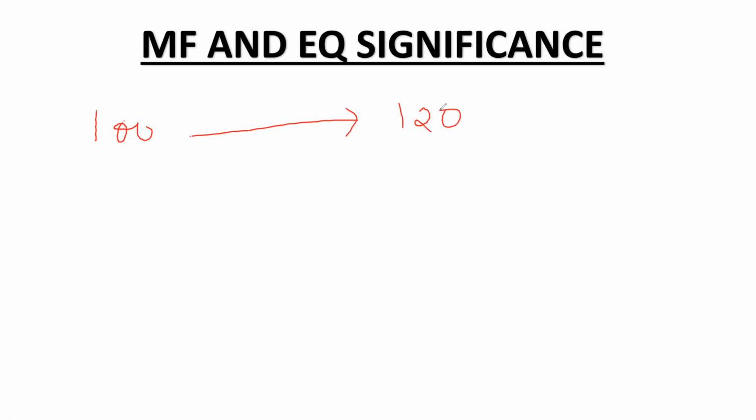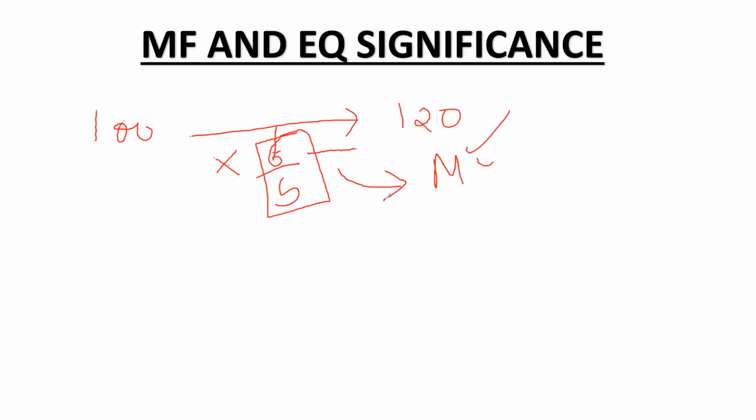So what will you multiply with 100 to get 120? 6 by 5, isn't it? You got this? So this particular quantity, 6 by 5, is the multiplying factor in this case because it converts the 100 into 120.